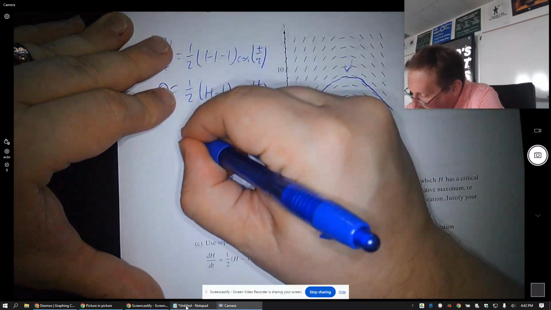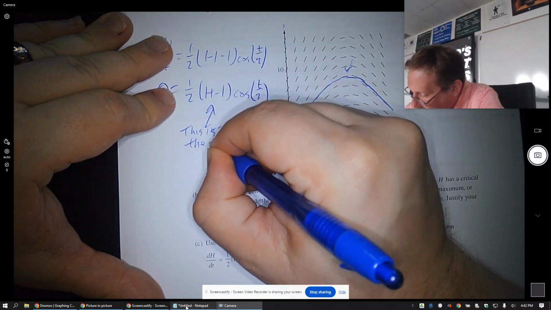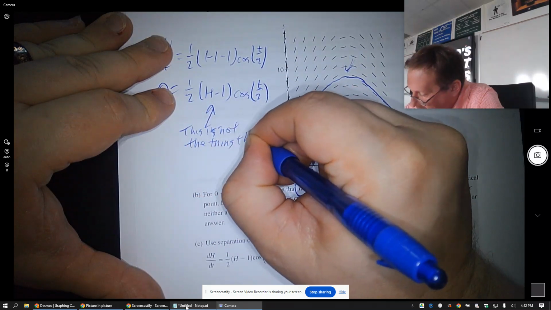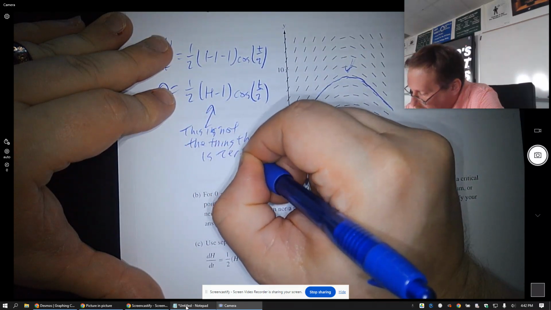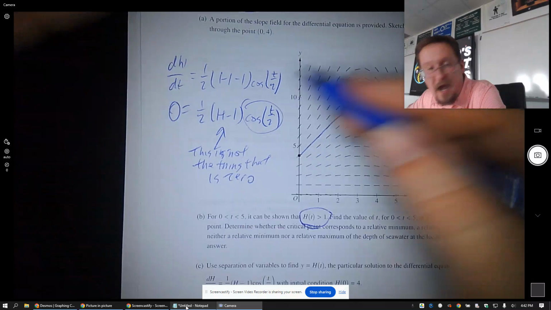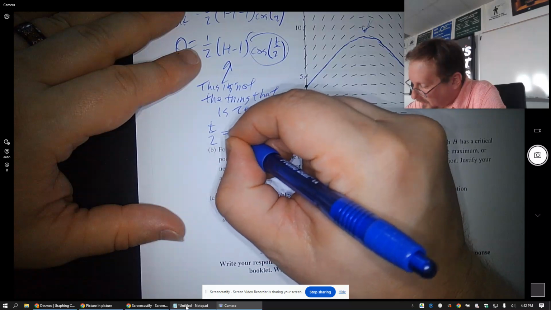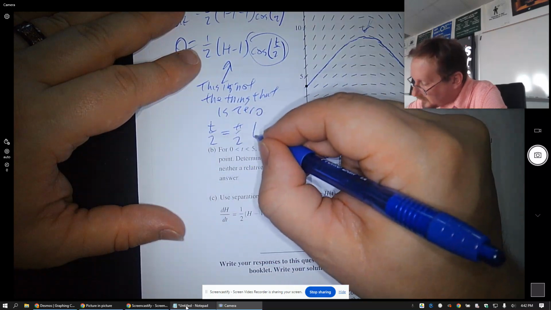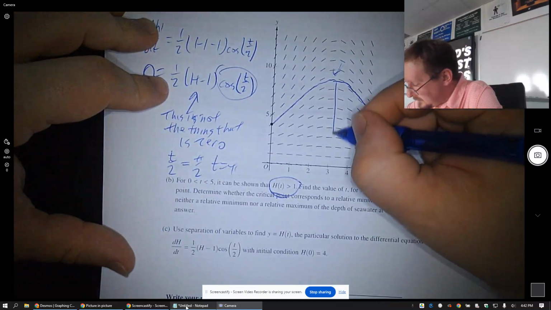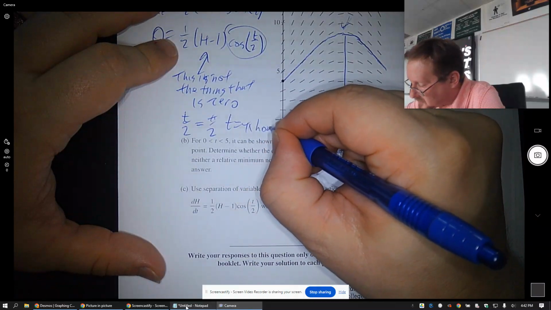So you know h minus 1 is not the thing that is 0. So when is cosine equal to 0? Is it when the argument is equal to pi over 2? So t equals pi. Yeah, that checks out. So t equals pi hours.